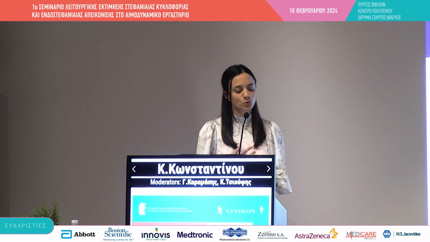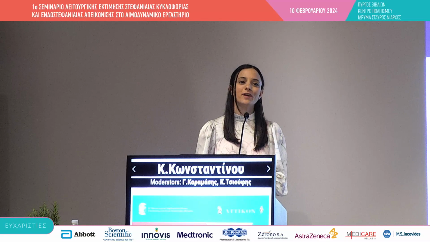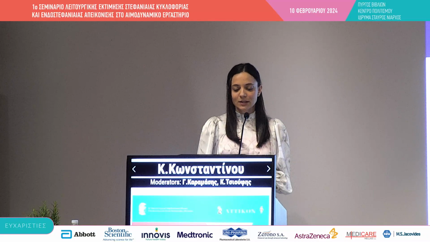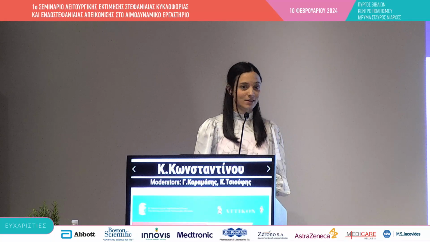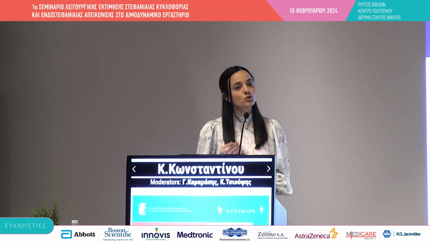So we started doing the infusions without putting any temporary wires up front or defib pads on. The infusions tend to be very well tolerated, and even when, I mean, you have to hold your nerve when you can see the FFR go down to 0.70, the patient has ST elevation, ST depression, and chest pain. So you can see there is probably some spasm, but we've never had to stop the infusion.